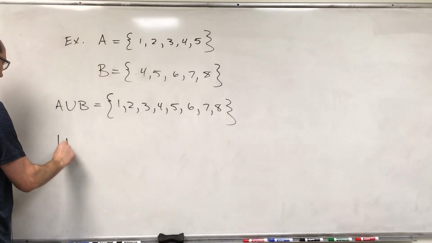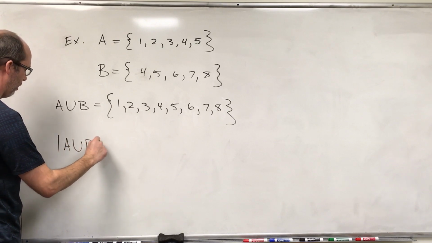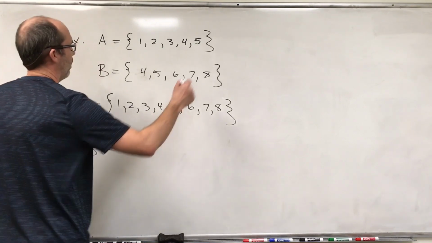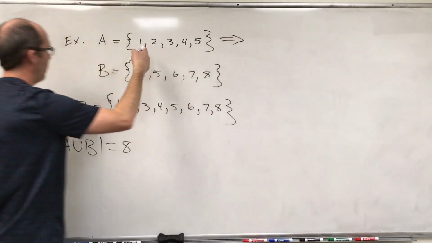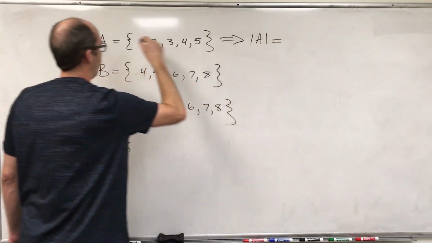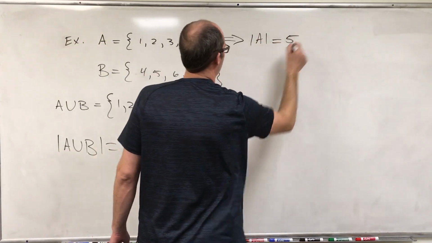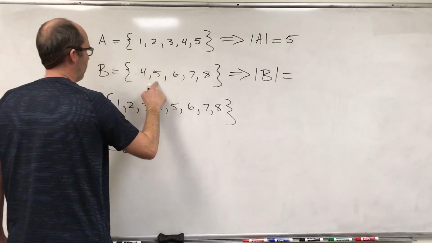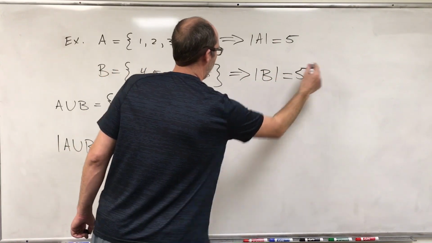And so therefore the cardinality of A union B is 8. Up here we can see that the cardinality of A is 5. Here the cardinality of B is also 5.